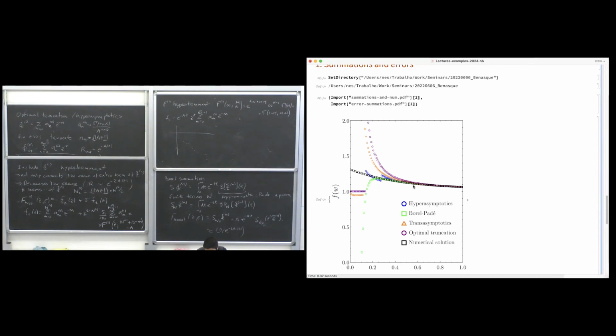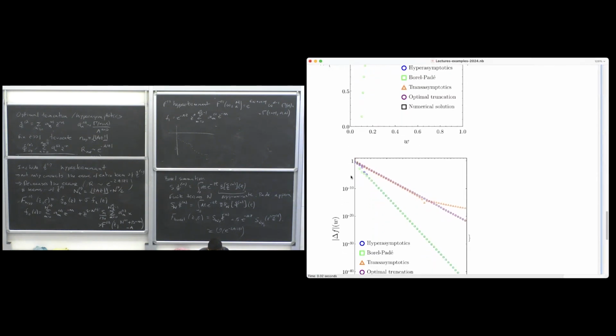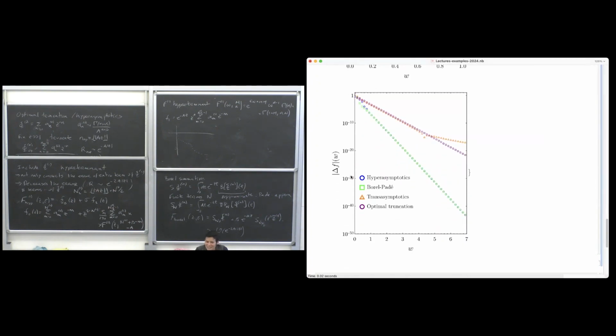So that's the numerical solution. This is just so that you can see the difference between Borel-Padé and, so do I have here? This is the errors. That's a clearer thing. Again, ignore the transasymptotics for the moment. So this is the Borel-Padé, and actually the level 1 hyperasymptotics.